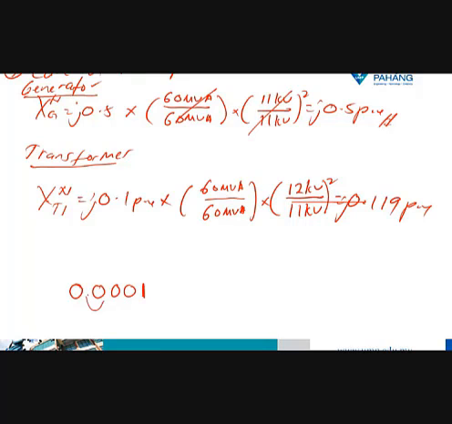Although the difference between, say, 0.2 and 0.1 in per unit values looks small, when we convert back to the actual value it will have a very significant difference. That's why we use 4 decimal places in all our calculations.